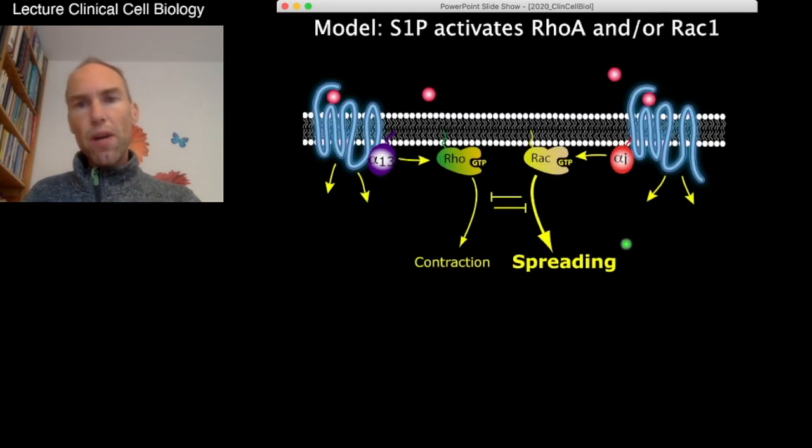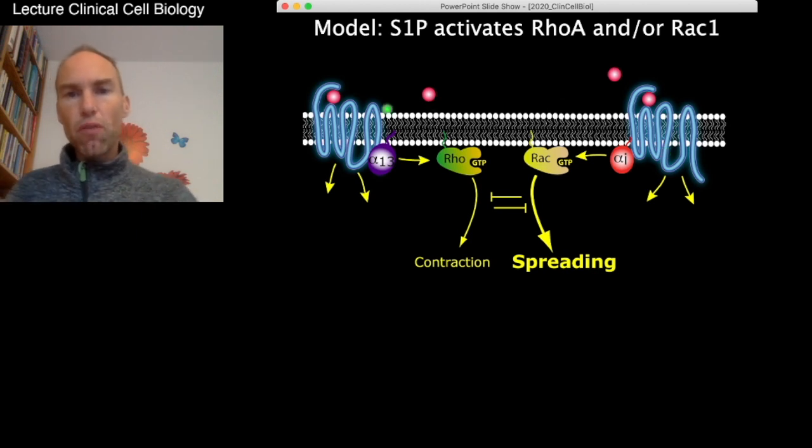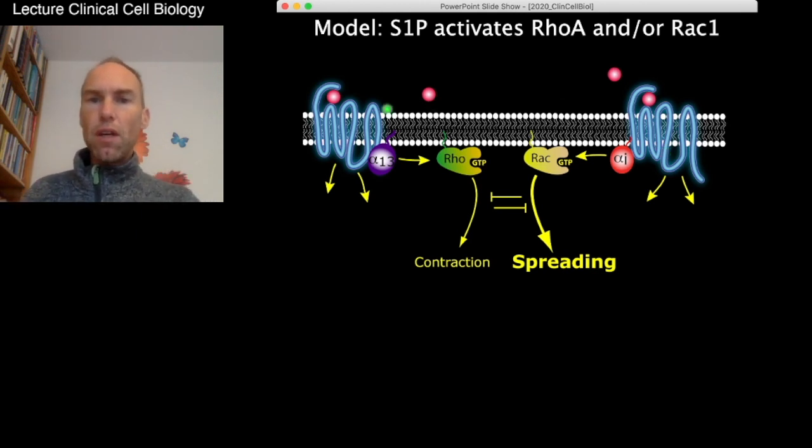So to summarize, this is a model of what we think is going on. Normally we have alpha 13 activity that activates a certain Rho GTPase, and that then causes contraction. And we have another pathway that does exactly the opposite. So this pathway activates G-alpha I, activates also a Rho GTPase, which is responsible for cell spreading.